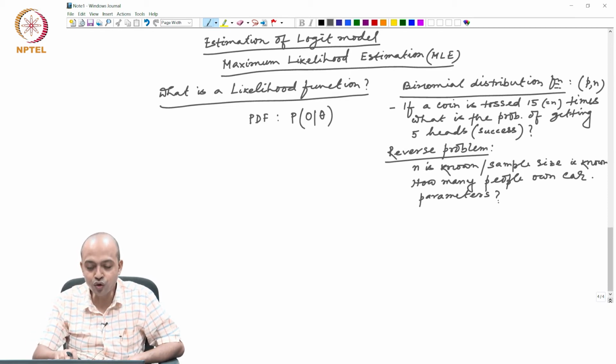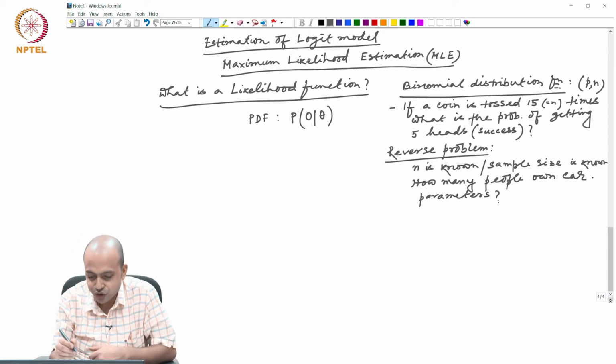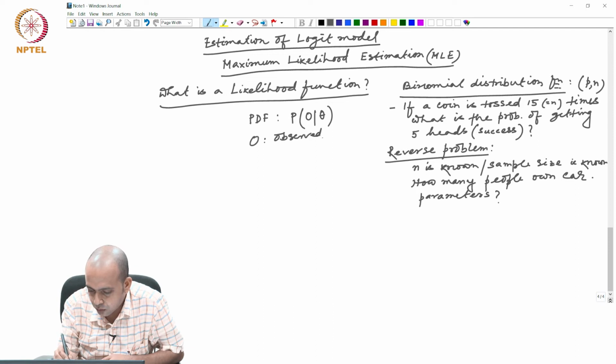And what is known to you? Known to you is theta, which is the set of parameters. Okay. So, here O indicates observed thing, and theta basically indicates the set of parameters.